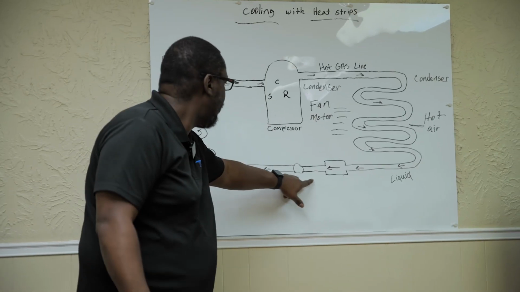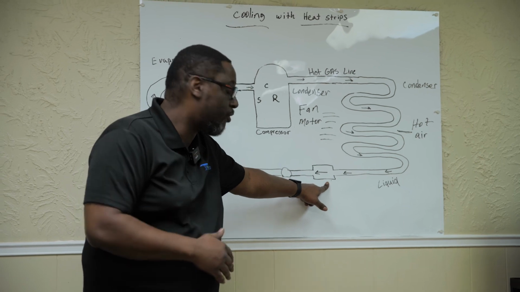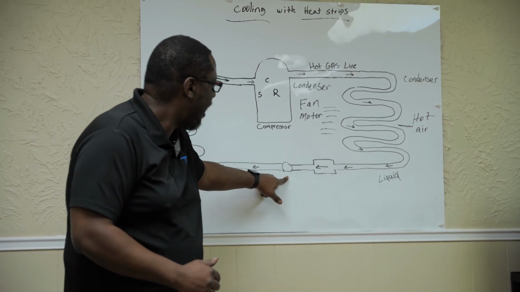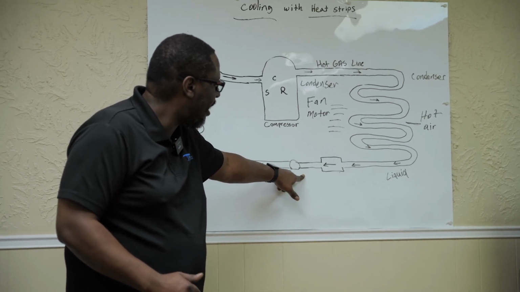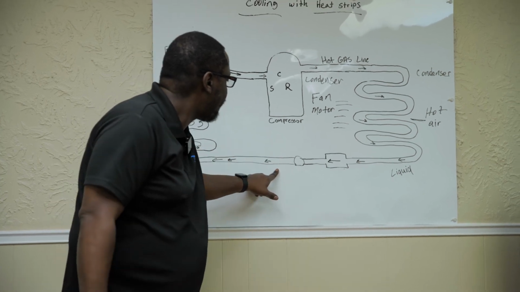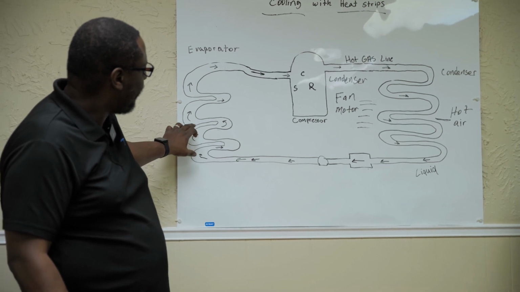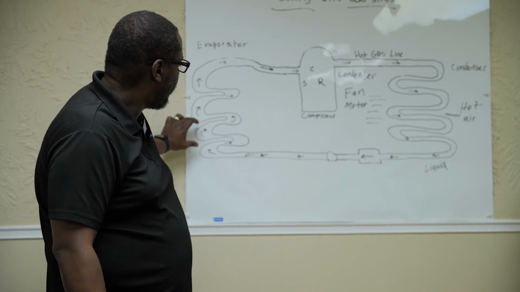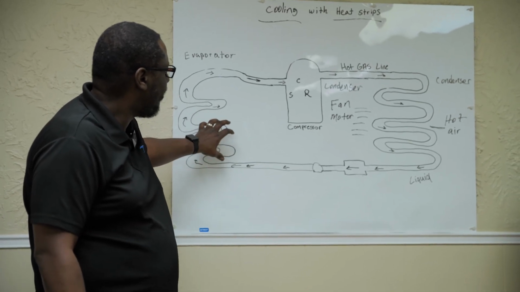So now we've gone through the metering device and the filter dryer. They learn about the filter dryer. The filter dryer removes moisture, and then the metering device here changes the state from a high pressure liquid to a low pressure liquid, and it goes through the evaporator as a mixture of 80-20, mostly low pressure liquid and a mixture of gas.